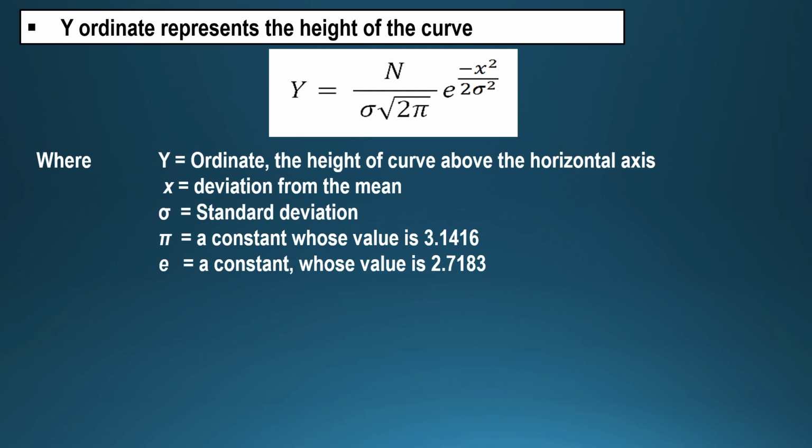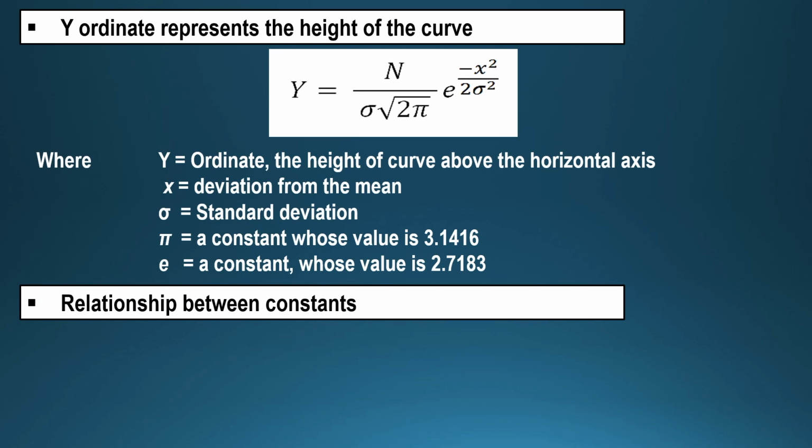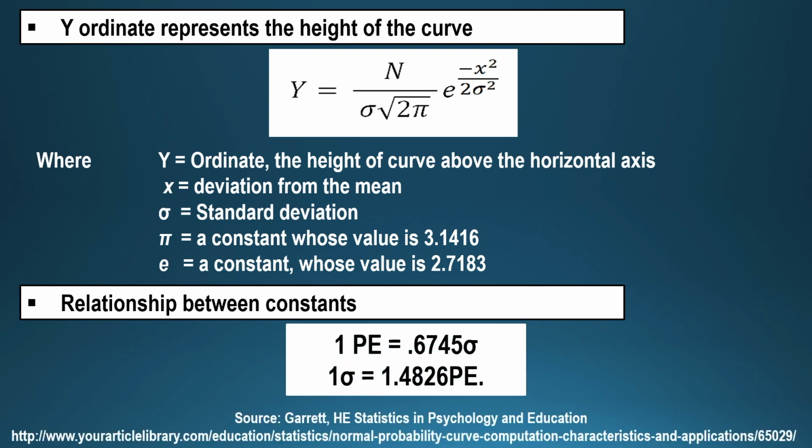There is a relationship between the constants. One probable error is equal to 0.6745 sigma, or in other words, you can say 1 sigma is equal to 1.4826 probable error.